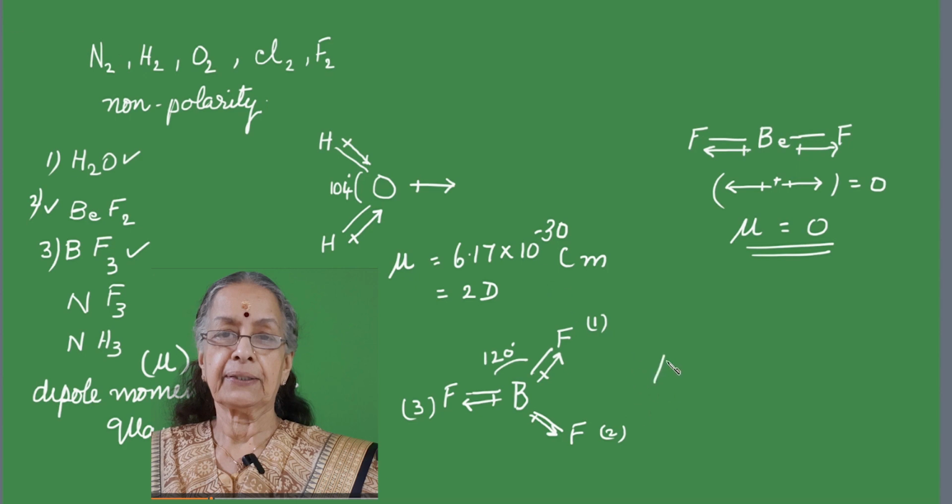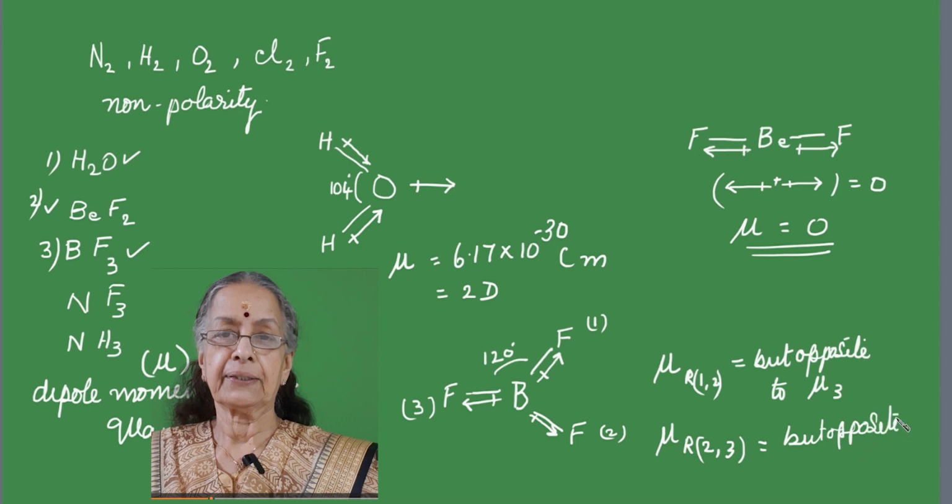Say for example, the resultant dipole moment for bond number 1 and 2 will be equal but opposite to the dipole moment of the third bond, or the resultant dipole moment for bond number 2 and 3 will be equal but opposite to the dipole moment of bond number 1.